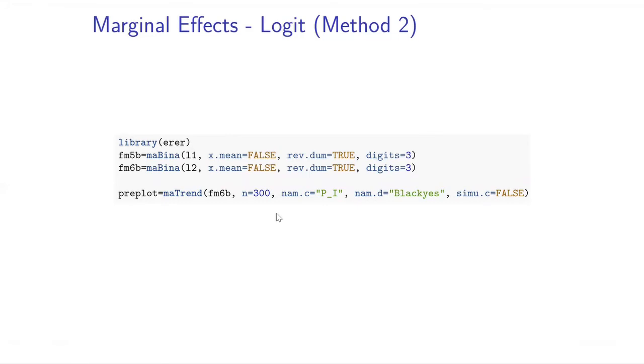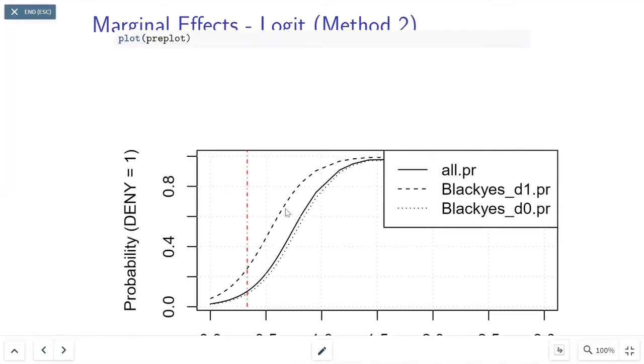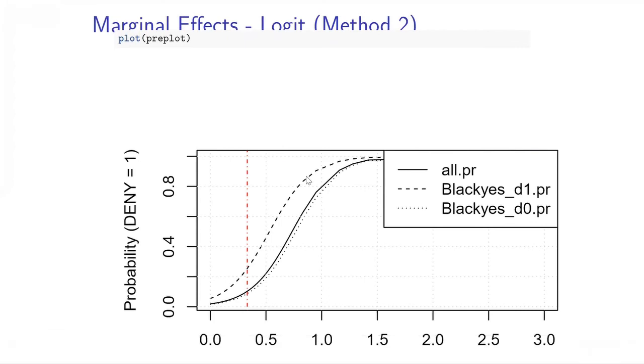To evaluate the marginal effect using the second approach, we set x.mean equal to false in the function. Like before, I will show you the marginal effect of black on application denied using a set of trend lines. Similar to before, the dotted line at the top shows the probability of rejection when the black dummy is equal to 1.